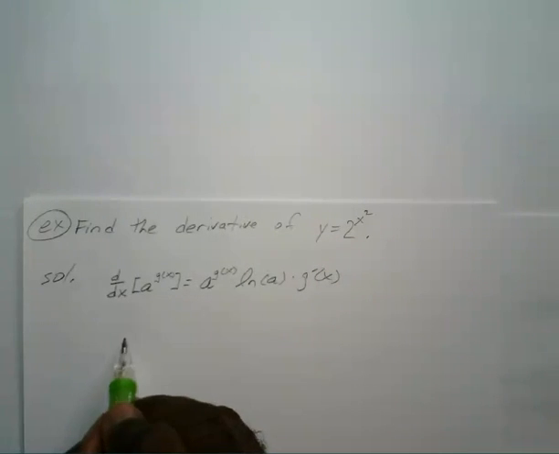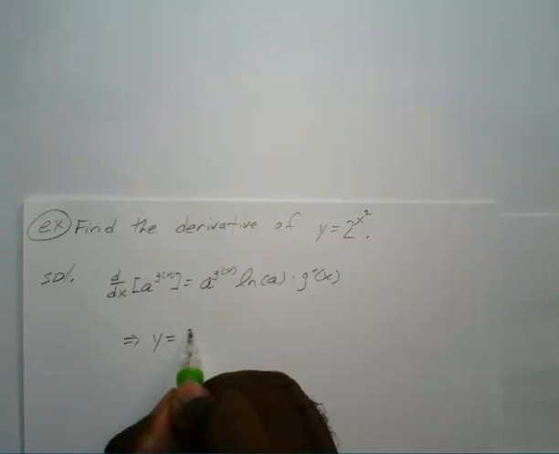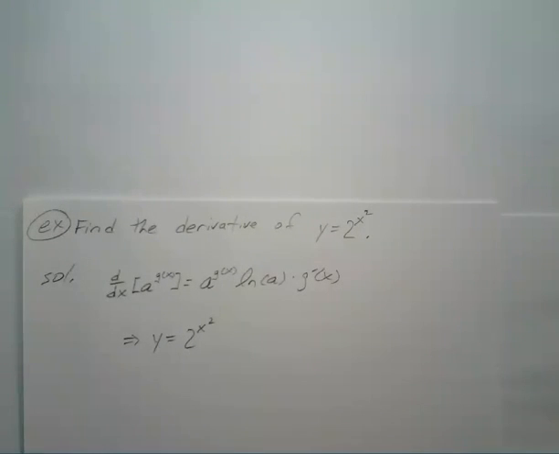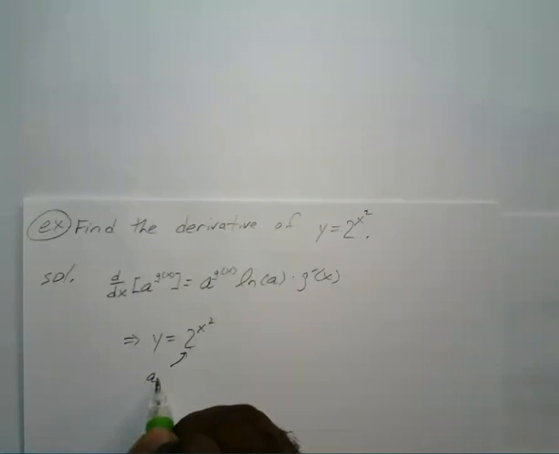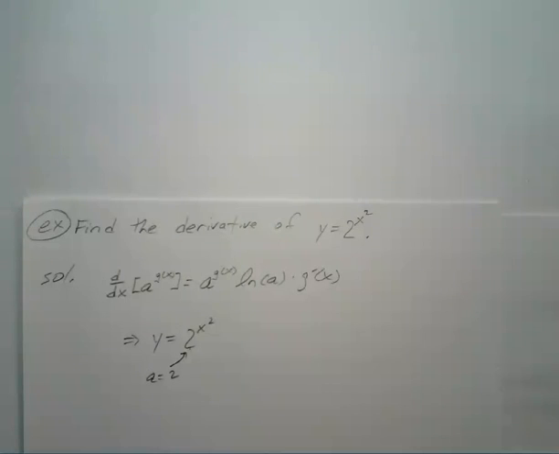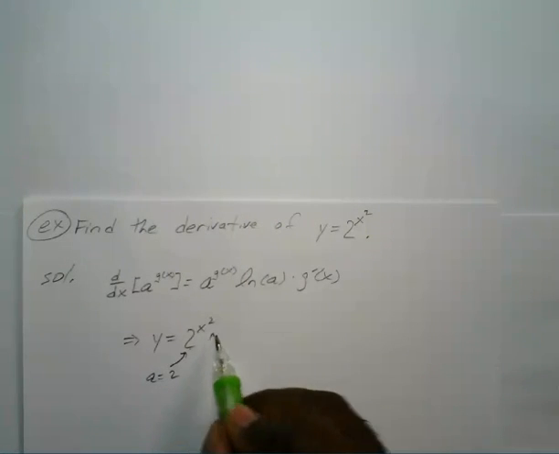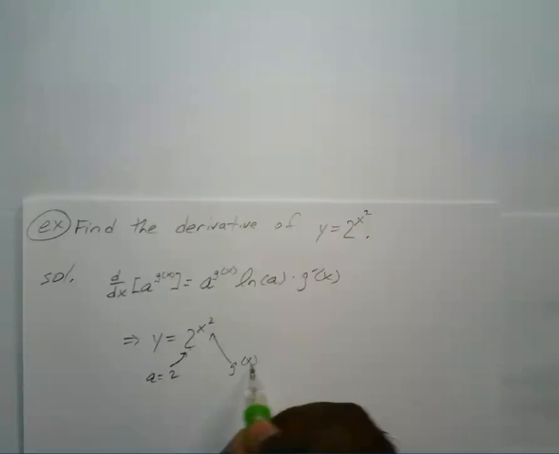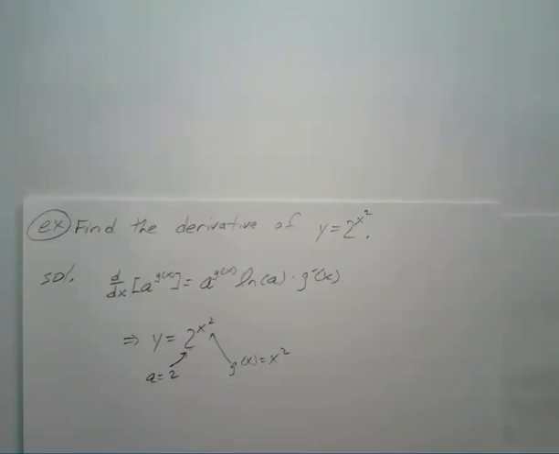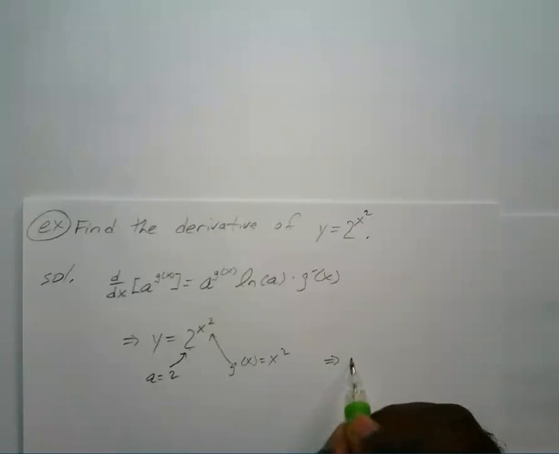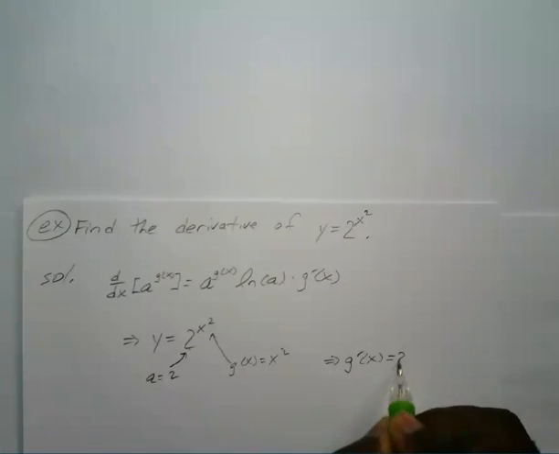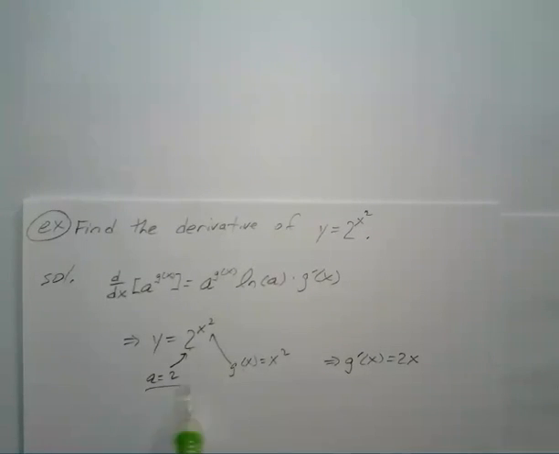With this one, rewriting our original problem, y equals 2 to the x squared power, our a is equal to 2, and your g of x is your x squared. That means from g of x equals x squared, your g prime of x is equal to 2x. So you have everything you need to plug right in.